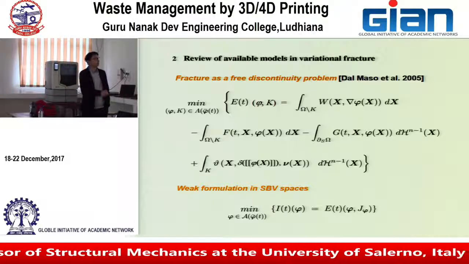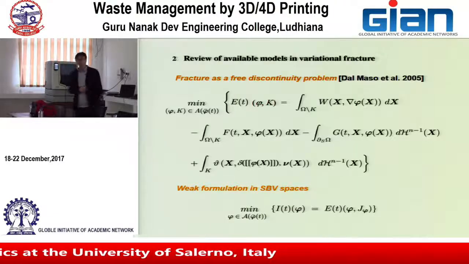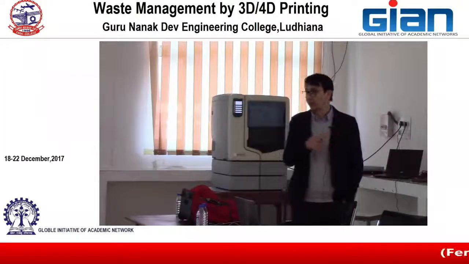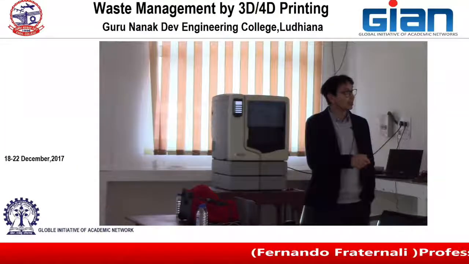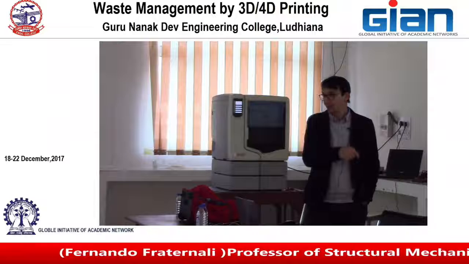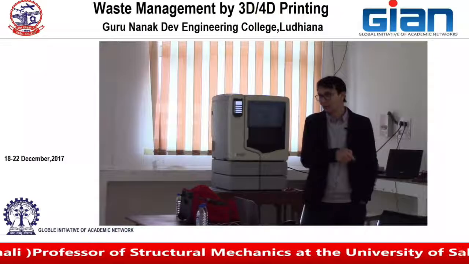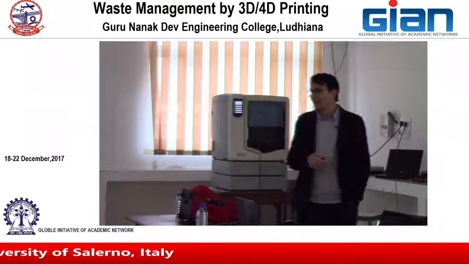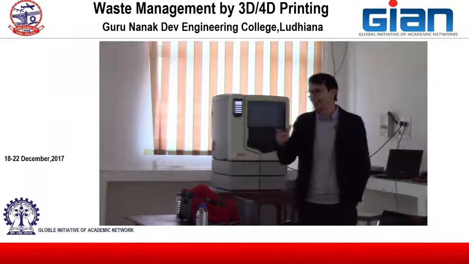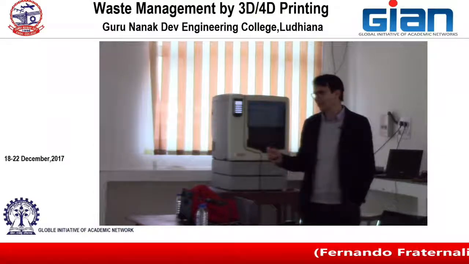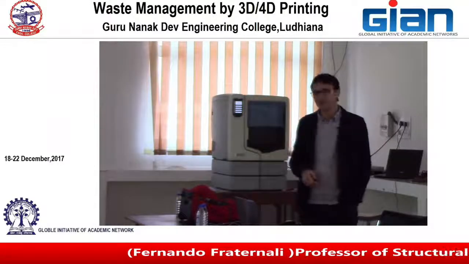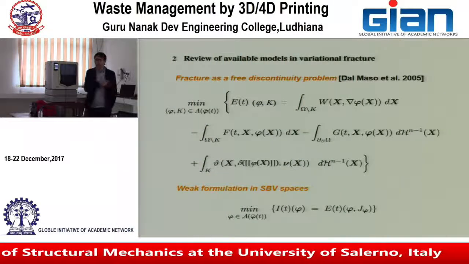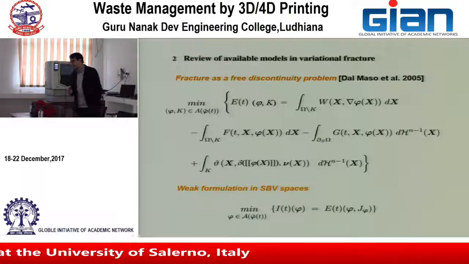So this is a volume term. What is the support of this energy? It is the body. Omega is the body without the cracks, the part of the body where cracks do not occur. In this part, the body is assumed elastic. It can also be plastic, but let's treat elastic fracture first in this presentation. So this is the elastic energy over the uncracked portion of the body.